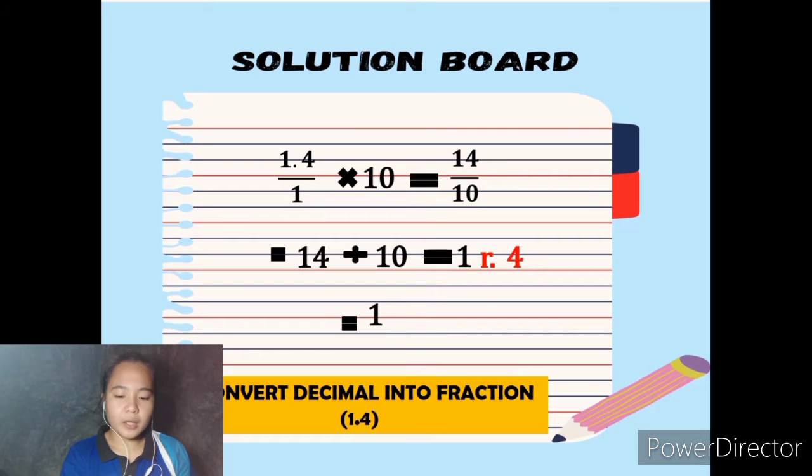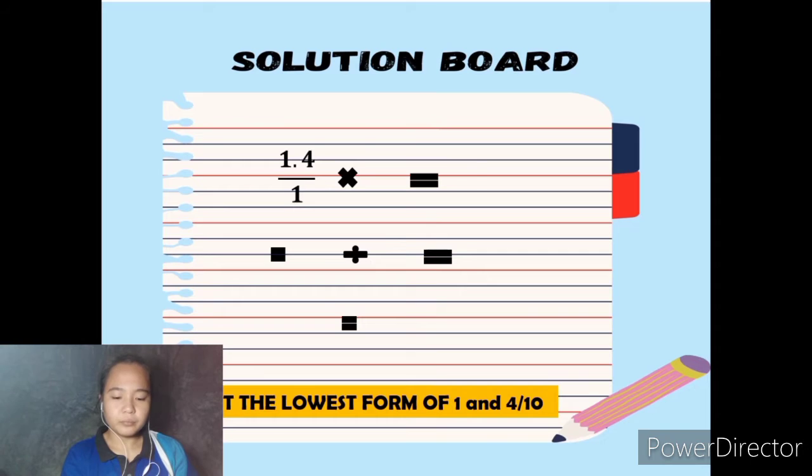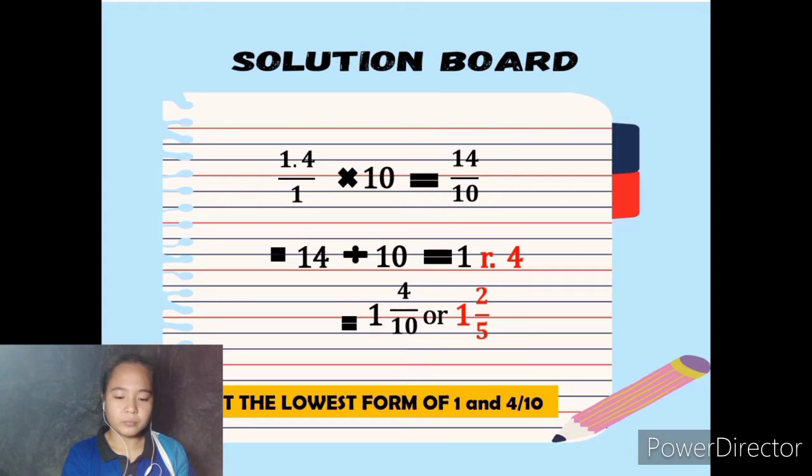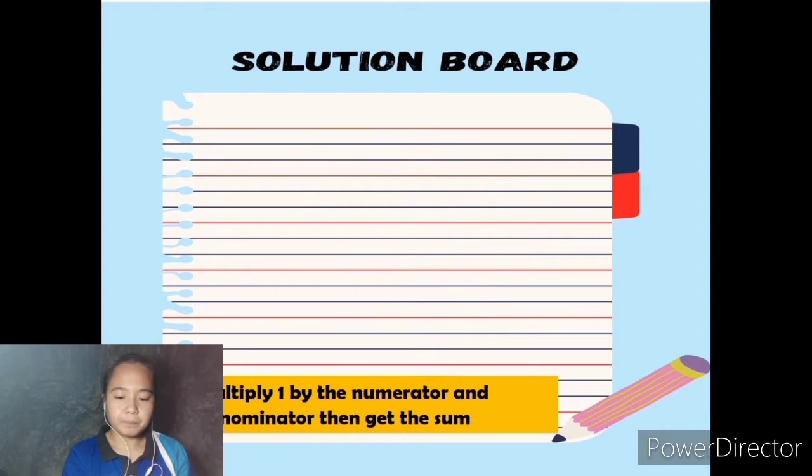Gagayahin lang natin yung 1 tsaka i-bring yung 4 na remainder, tapos gayahin din natin yung denominator which is yung 10. So, hindi pa yun yung lowest. Pwede pa natin siyang paliitin. So, yung 1 and 4/10 ay magiging 1 and 2/5. Yun na yung pinakamaliit. So, next step.